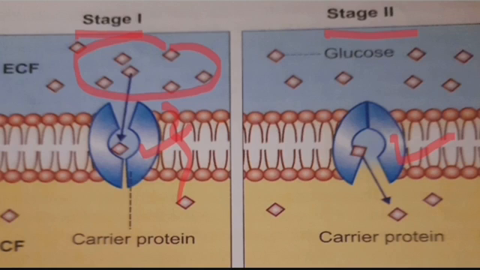Due to that change, the molecule reaches the other side of the cell membrane, and so the molecule can cross the plasma membrane. In this process glucose and amino acids are transported through facilitated diffusion.